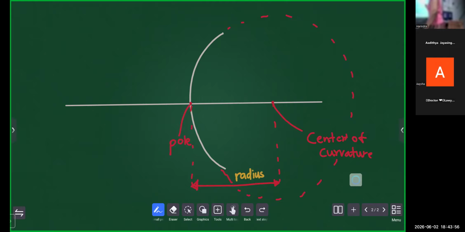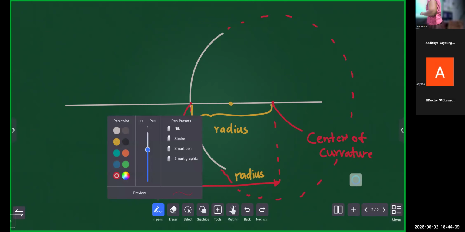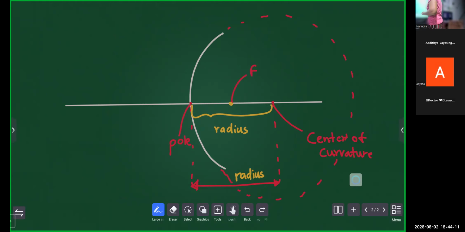This length is the radius of the circle. Okay. In between, radius divided by 2, what do we have here? The focus point, or the focal point. Sorry, focal point.